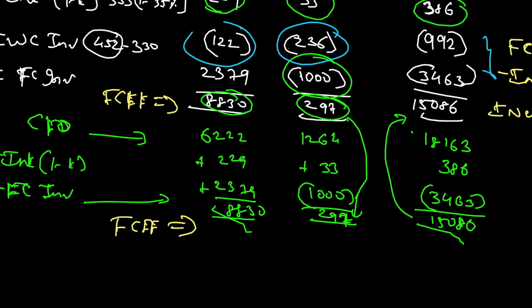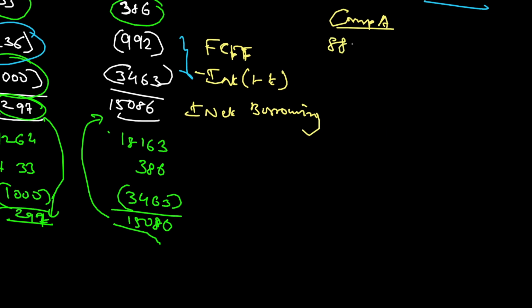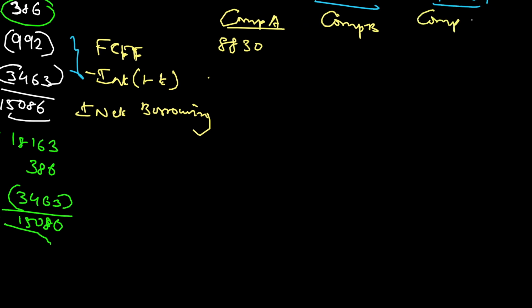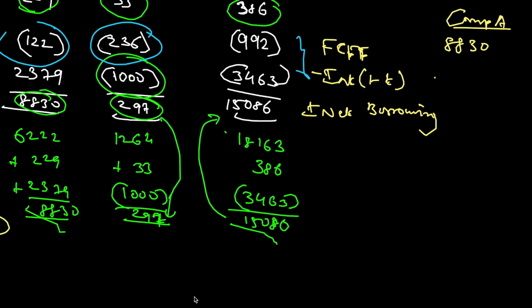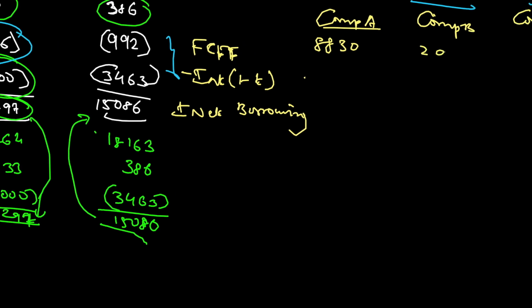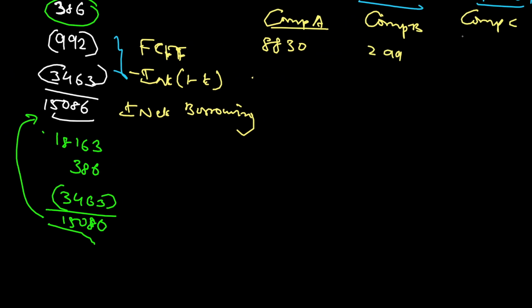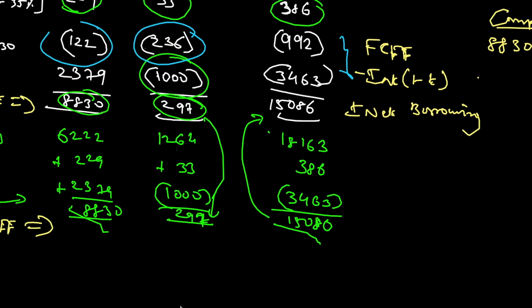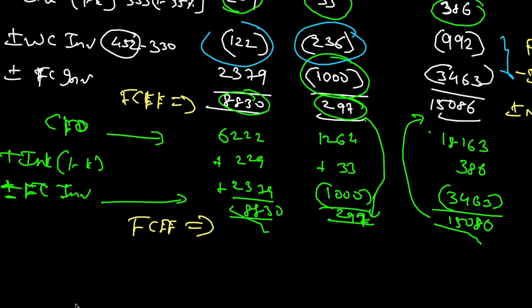So 8830, then minus interest into 1 minus tax. Let me take company B and company C altogether. Free cash flow is 299 and 15080.